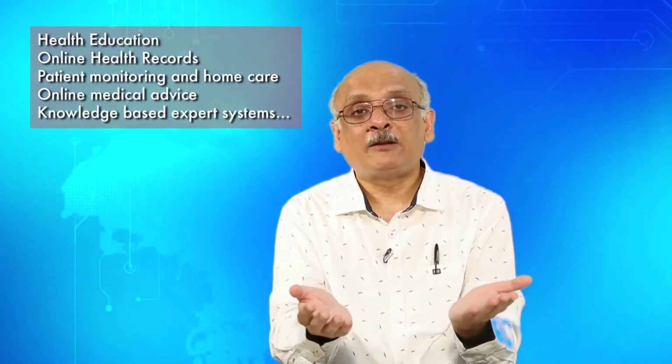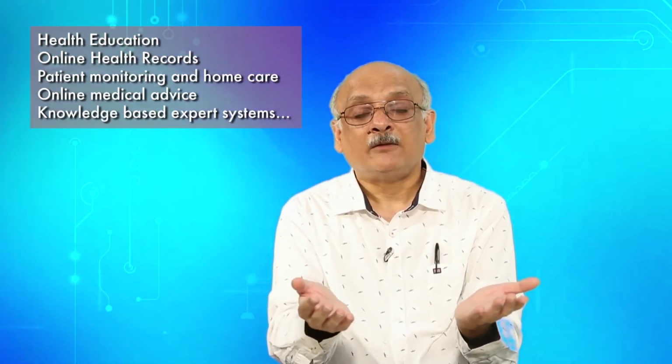Some tests are performed, and the next time we go to the hospital we do not have access to those tests. We have forgotten them, or they may be lying somewhere in our file and we are not able to locate them. But if there is an electronic ICT based health record system, it is available all the time. Patient monitoring system and home care.